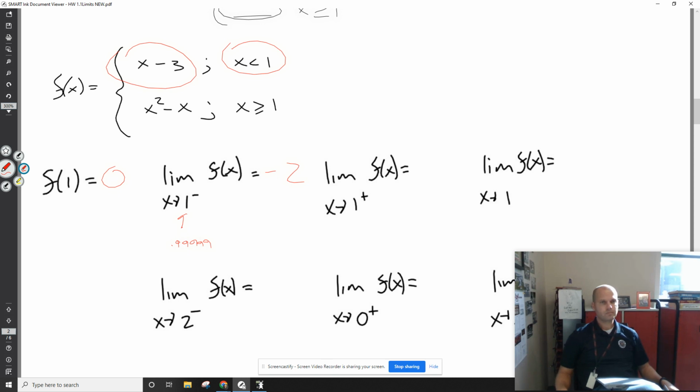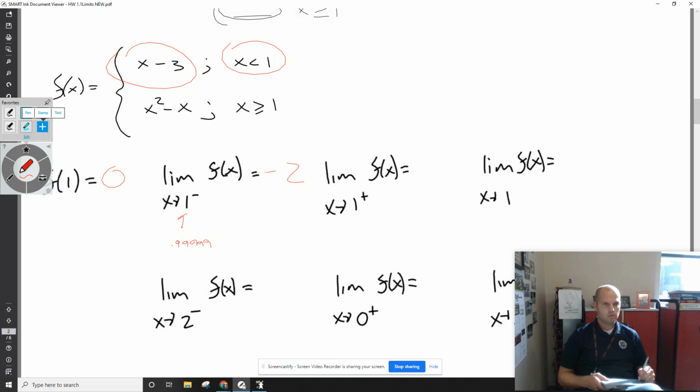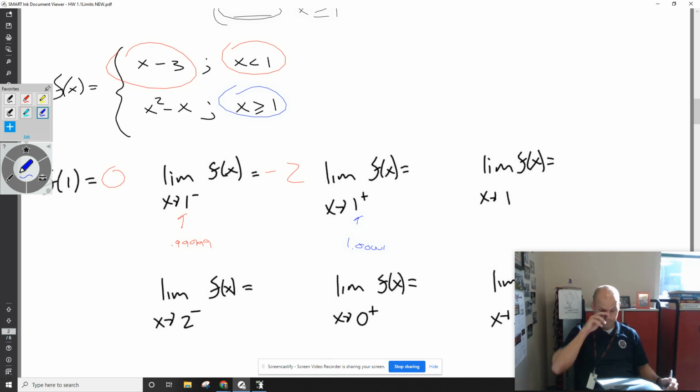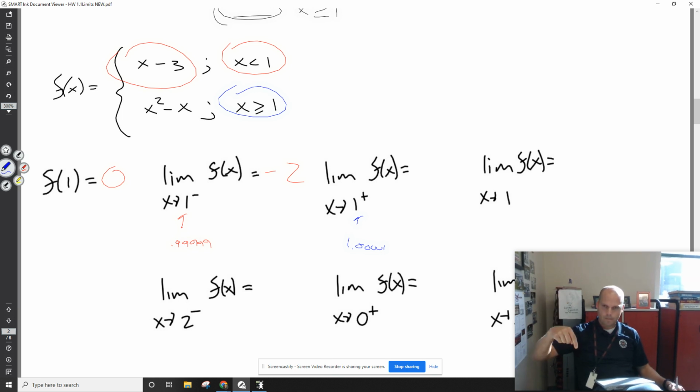If I go to the right of 1, let's switch. I'm thinking about using 1.00001. Well, I use this piece. Again, if you just keep typing in 1.00001 and press enter, your calculator says you're pretty much giving me 1 here.